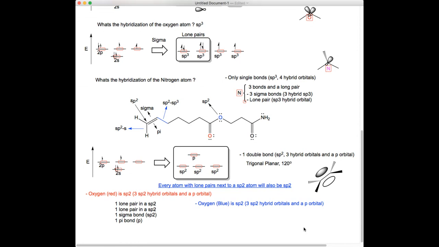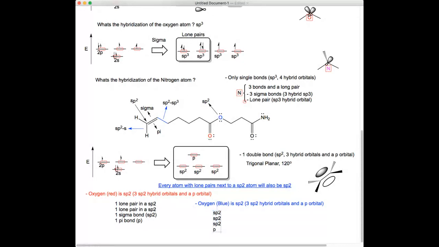So what's the hybridization of the oxygen? It is sp2, right? Let's do this together. We said sp2, so it's going to have 3 sp2 and 1 p, correct? Everybody agrees on that.